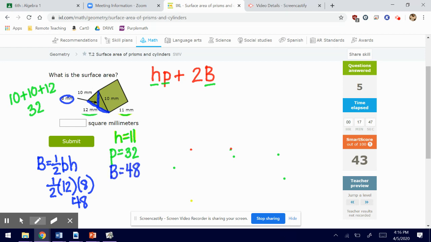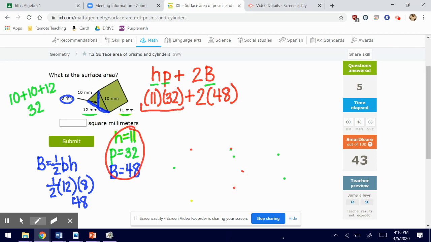So now I'm ready to plug all of this back in. My H is 11. My P is 32. I bring down my plus sign. I bring down my 2. And my big B is 48. I found all of those before I even started, and I have them right here. So now I'm going to type them in. I'm going to do this times this first. 11 times 32 is 352.